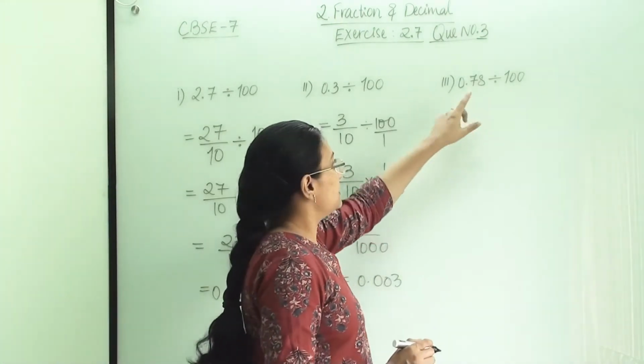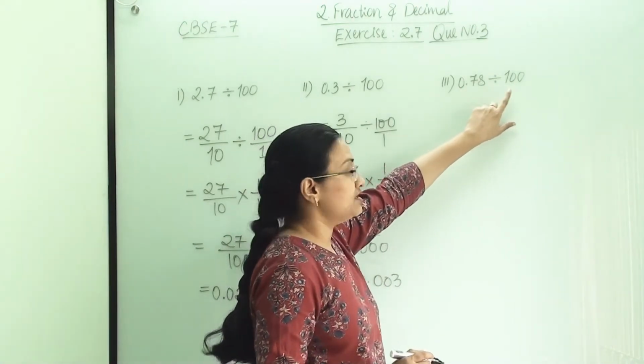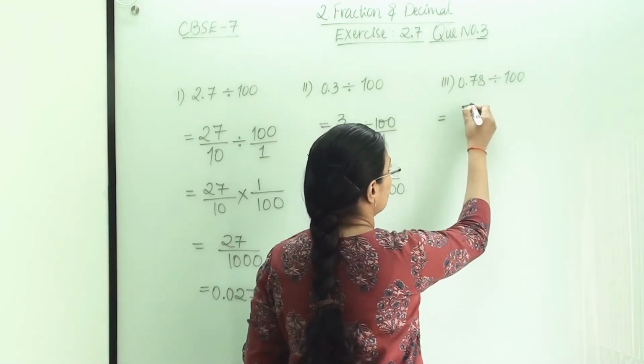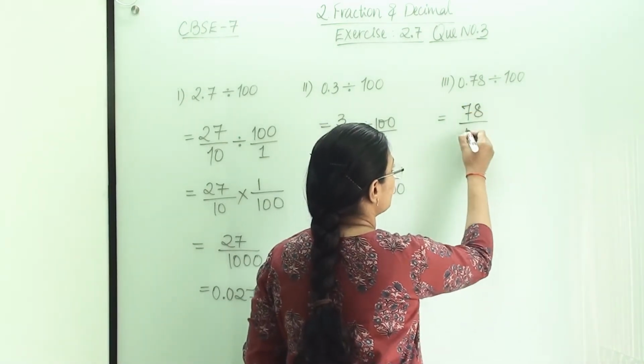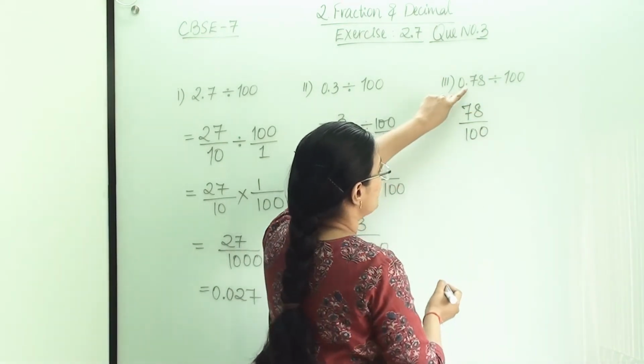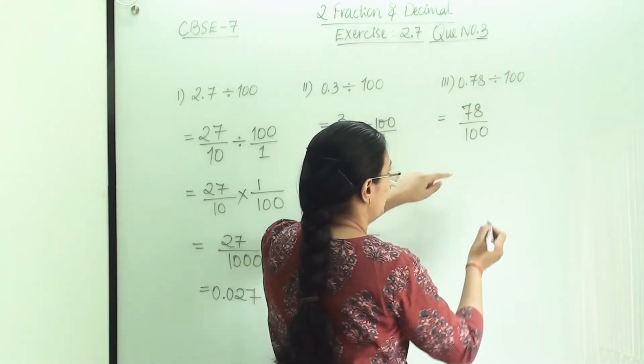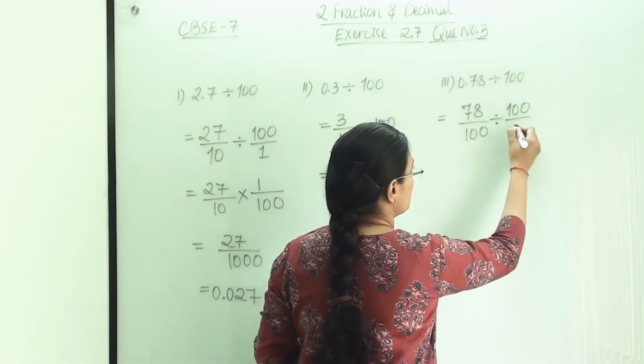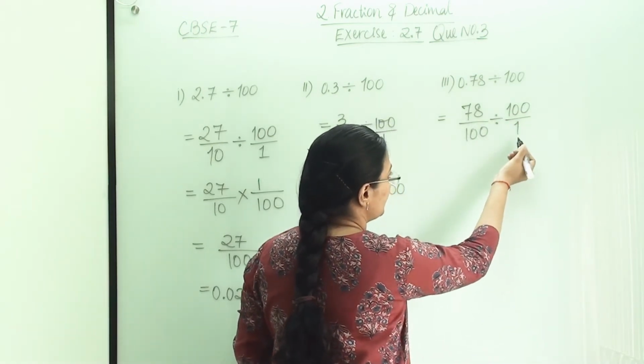Third numerical is 0.78 divided by 100. Let us first convert this into fraction form, that is 78 over 100, because after the decimal point there are 2 numbers. Then divided by 100, and 100 is a whole number, so we write 1 in its denominator.